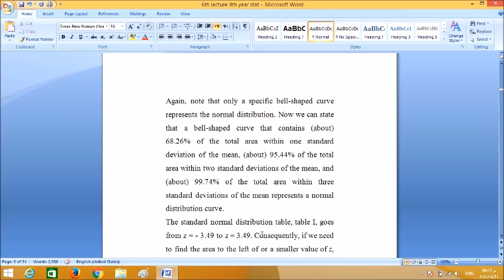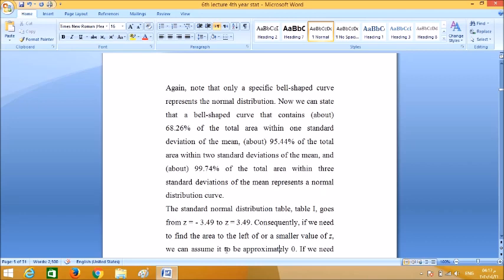Okay, so if we need to find the area to the left of a smaller value of z, we can assume it to be approximately 0. Okay, for any z less than this value, the area equals 0.